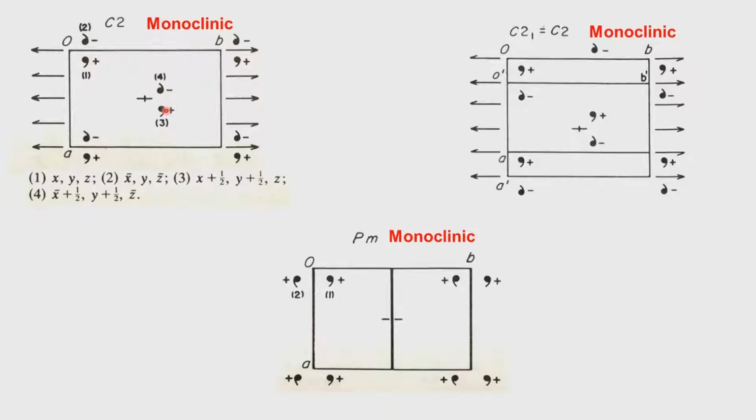The moment we say C-centered, we add half and half to x and y. If we say A-centered, we will be adding half and half to y and z. So, in this particular case of C-centering, we add half and half to x and y, and therefore you have this equivalent point, which is x, y, z. The x plus half, y plus half, z is an equivalent point that is generated by the lattice symmetry.